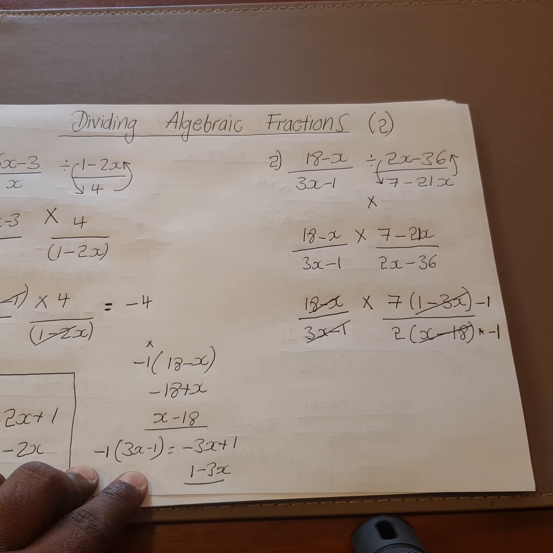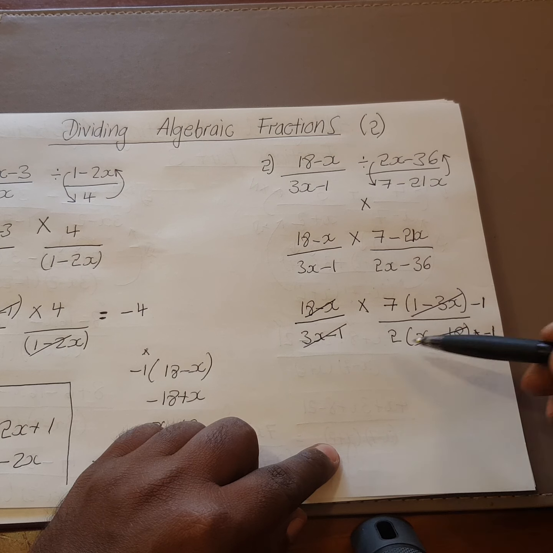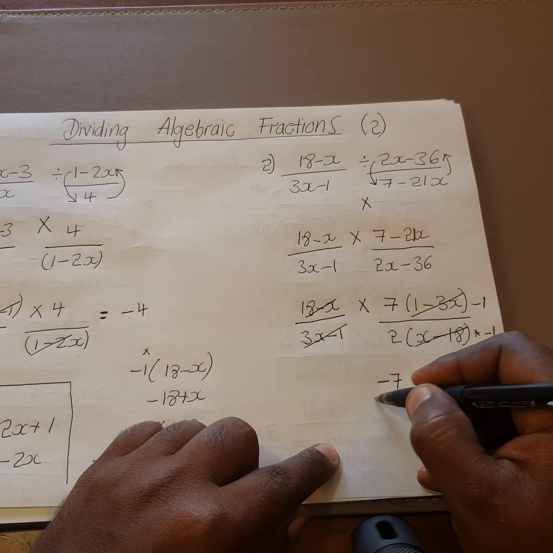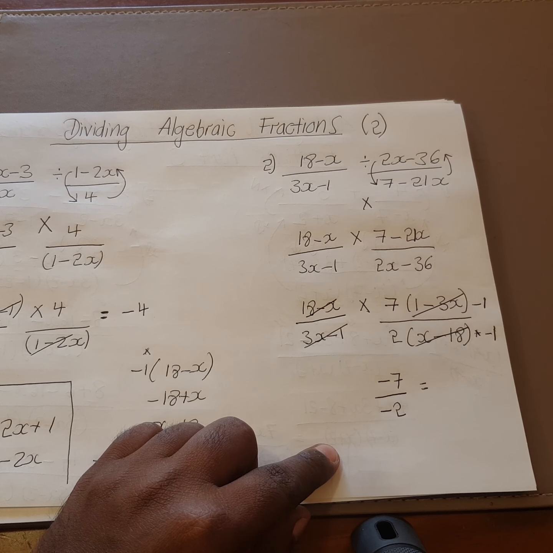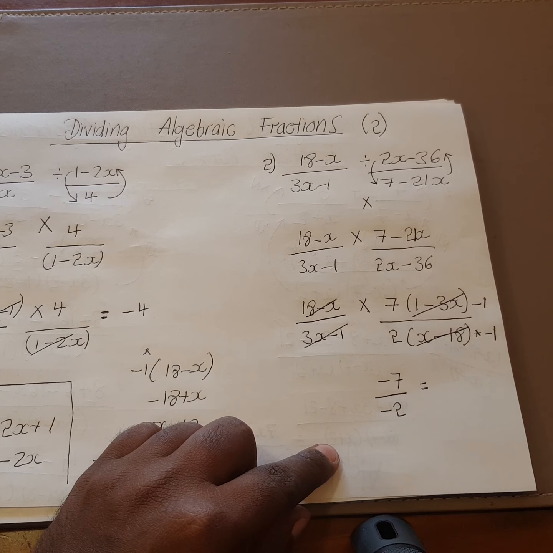All right. So we've now got 7 times -1 and 2 times -1. So what do we get? -7 divided by -2. And if you remember the rule, when you've got two negatives, in other words, in your numerator and your denominator, they cancel and become positive.